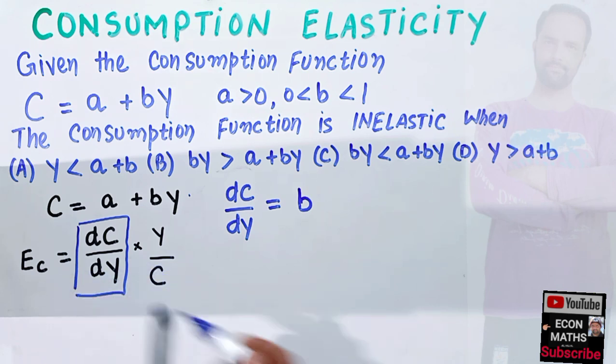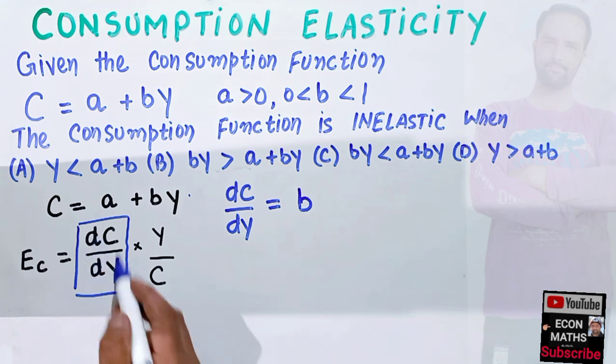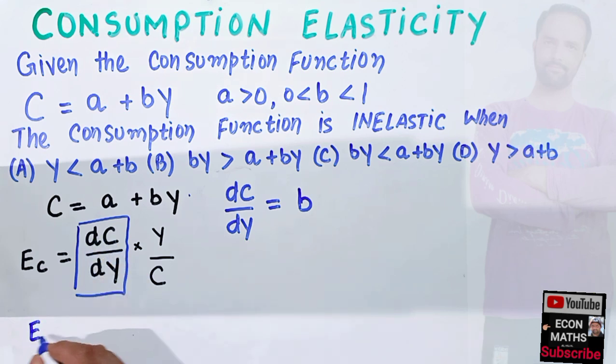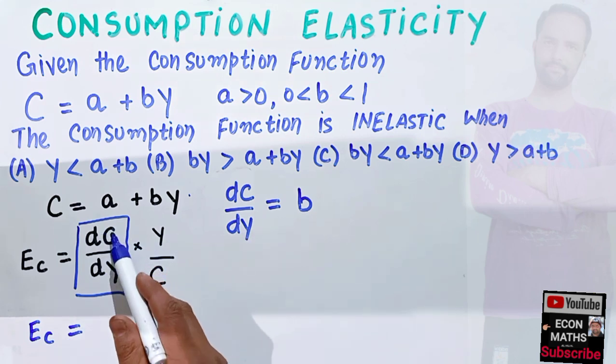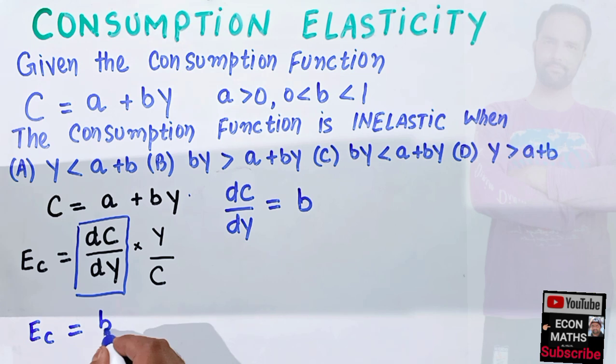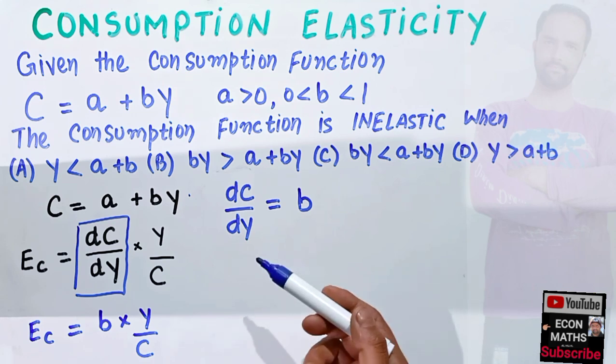So elasticity of consumption will be equal to dC upon dY, which is B, then we have Y upon C.